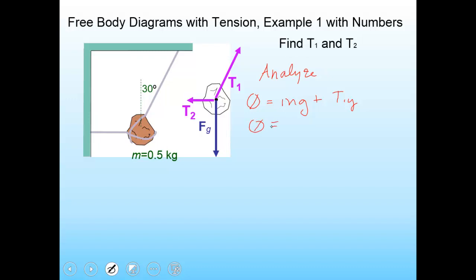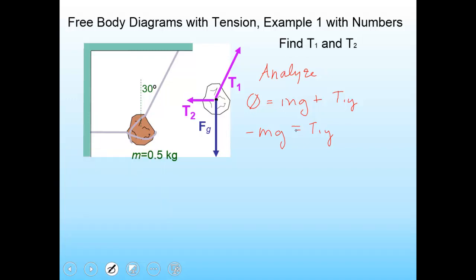Let's actually rearrange that equation first. Okay, so minus mg equals T1y. Oh no, sorry, I'll fix that.